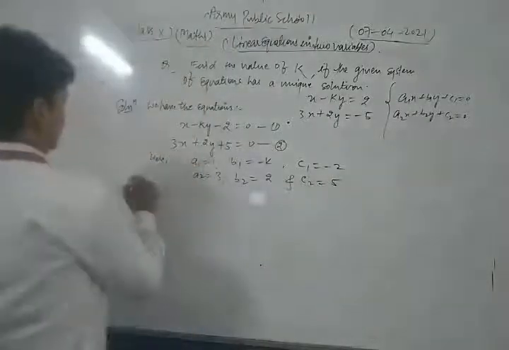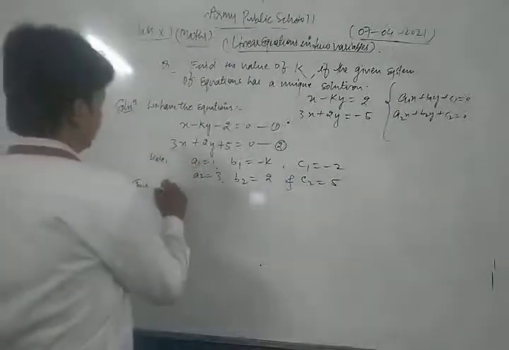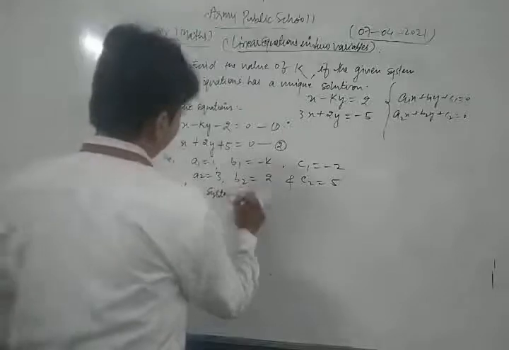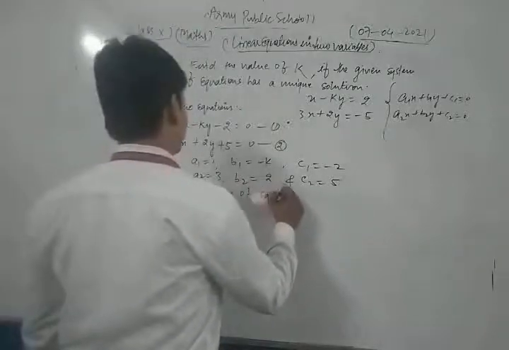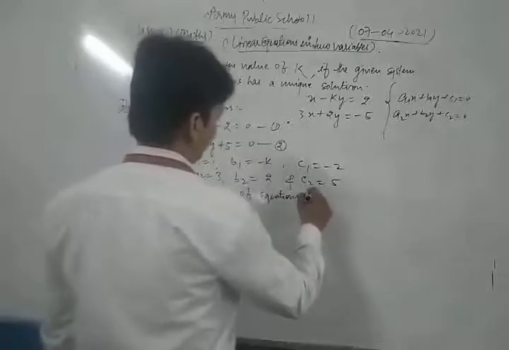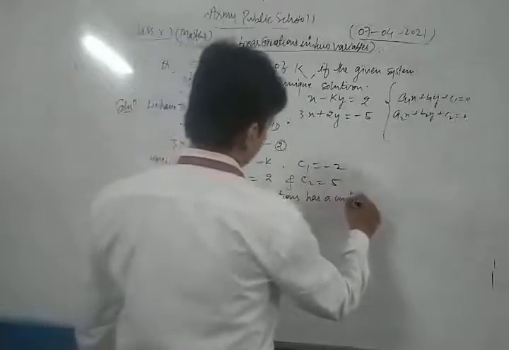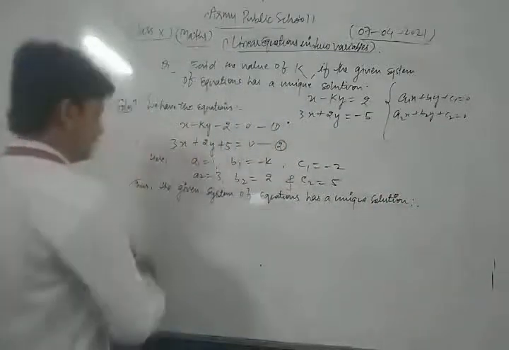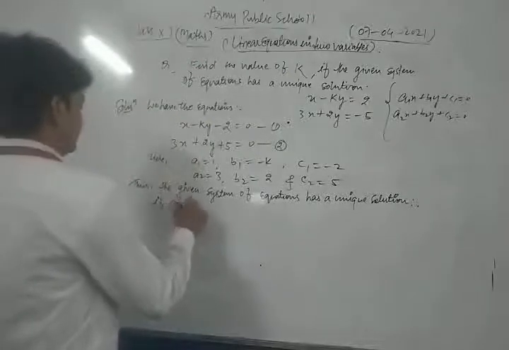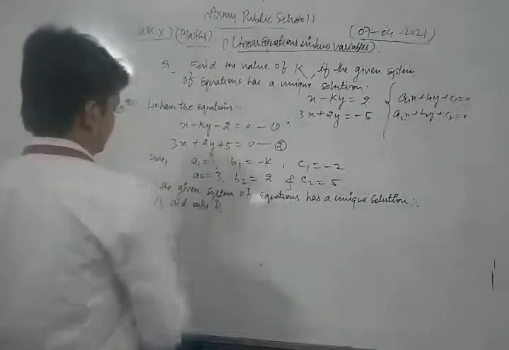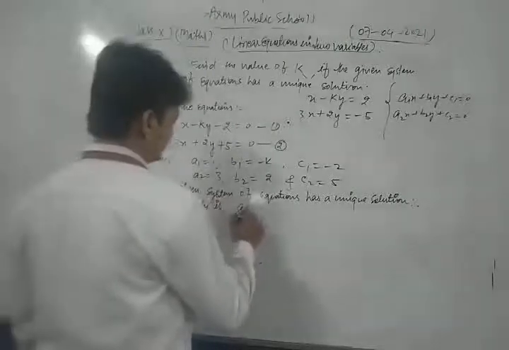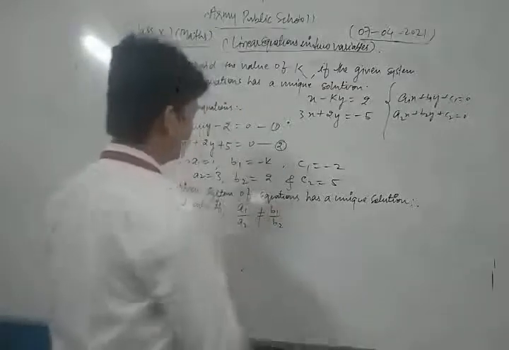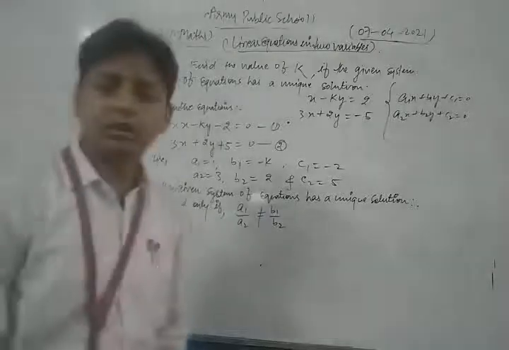So we can write that the given system of equations has a unique solution if and only if a1 upon a2 is not equal to b1 upon b2.